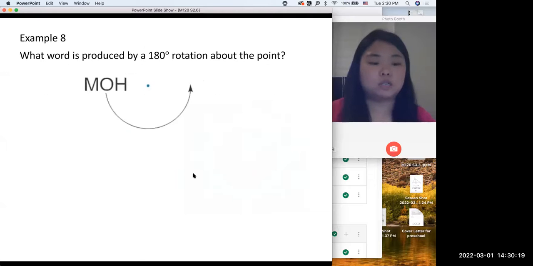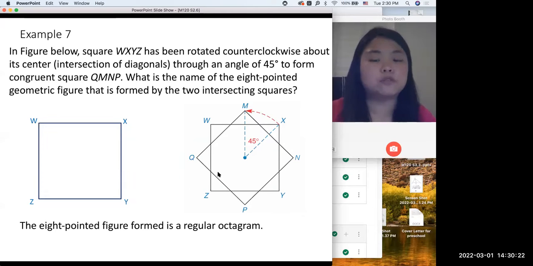Okay, so this figure formed is the regular octagon. Okay, the octagon, just like the star here.